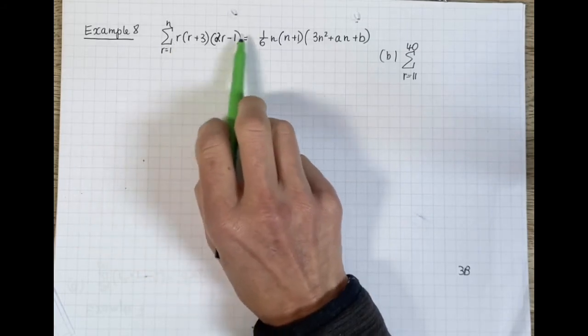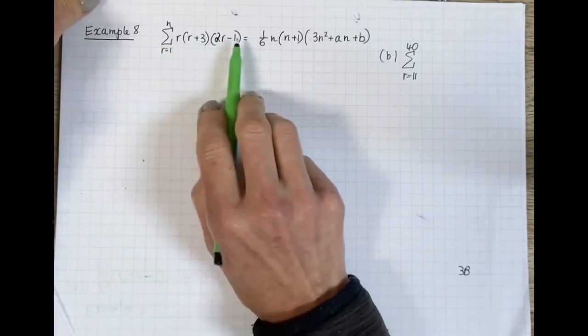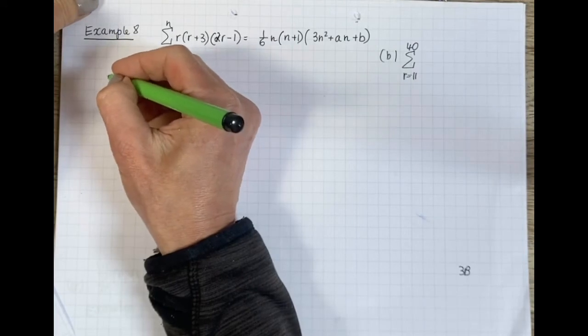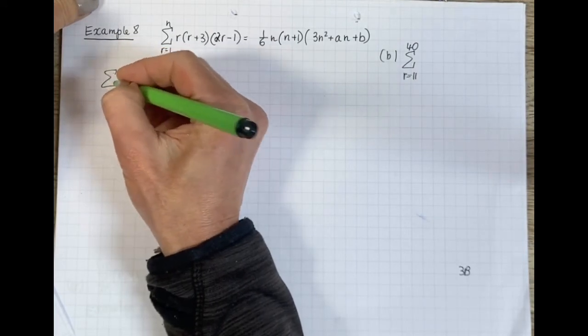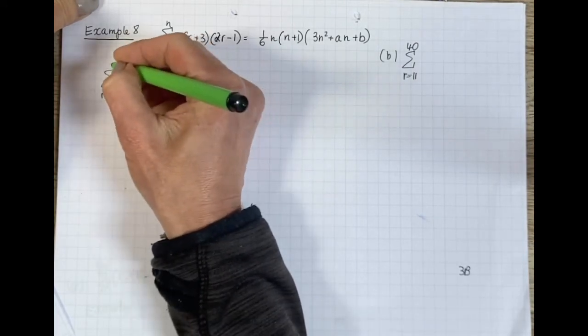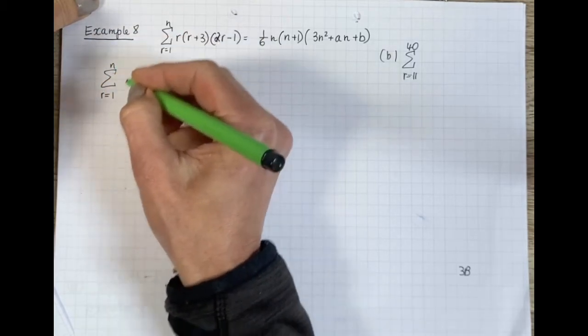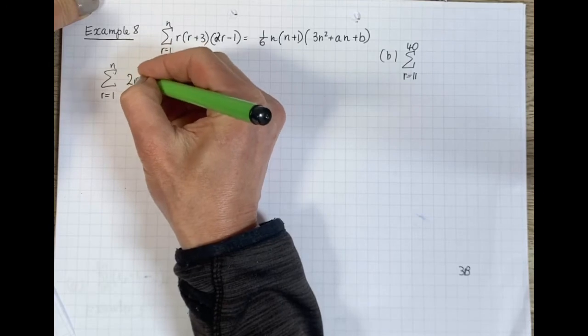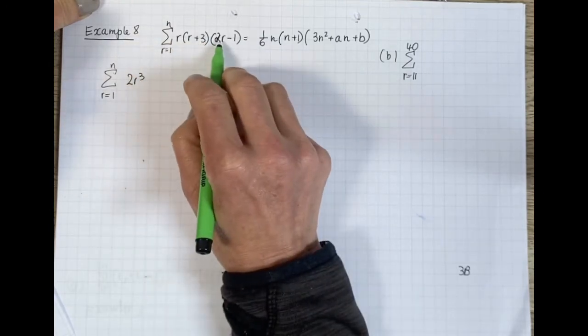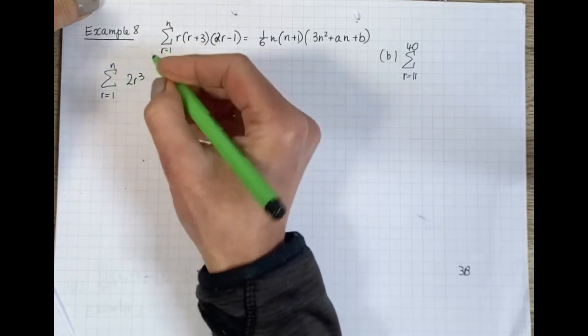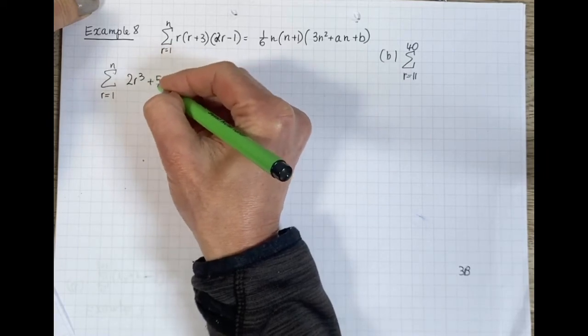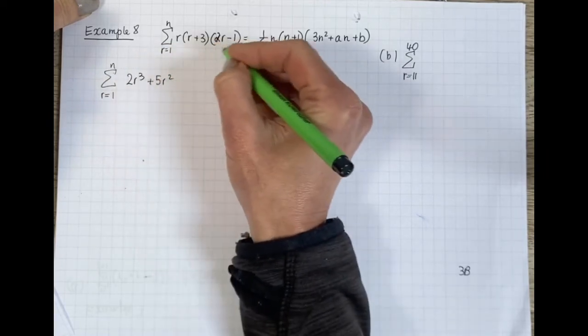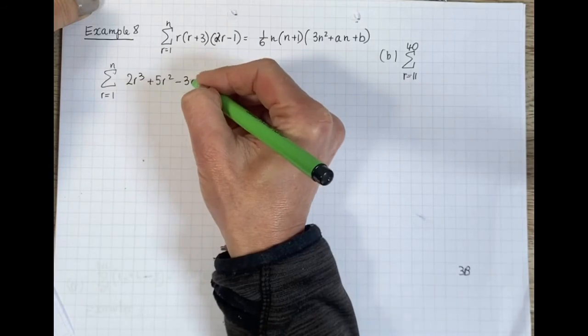So, the first thing we're going to do, we're going to multiply out the left hand side. So you're going to have sigma 1 to n, so that's going to be 2r cubed. Then you're going to have 6r minus r, so 5r squared. And then you are going to have minus 3r.